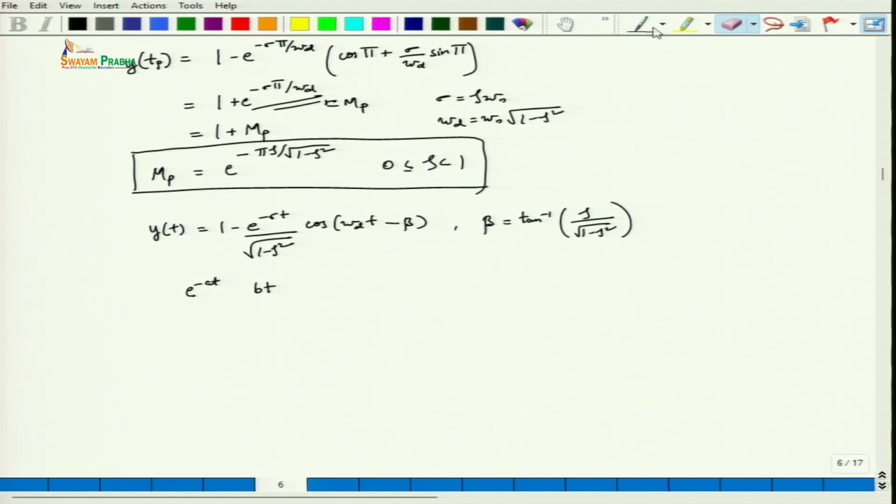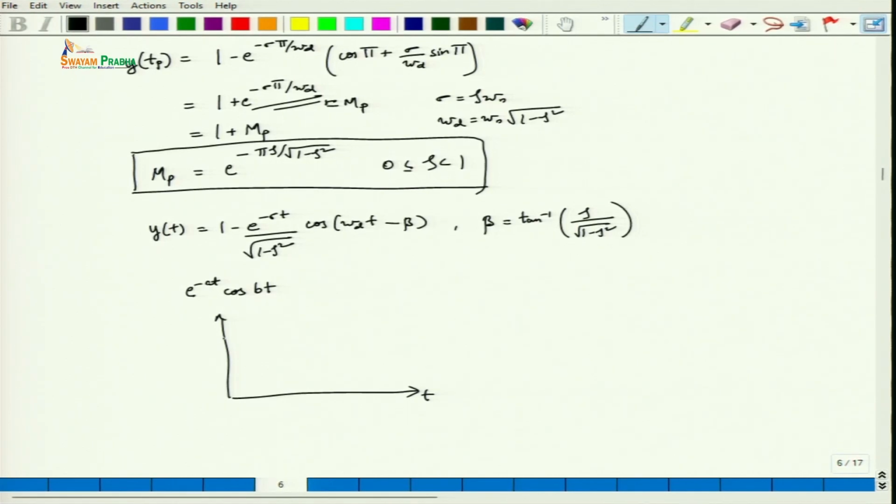If I plot this, as we have seen in the last class, it is a cosine signal with a varying amplitude, whose amplitude is determined by the expression e to the power minus at.